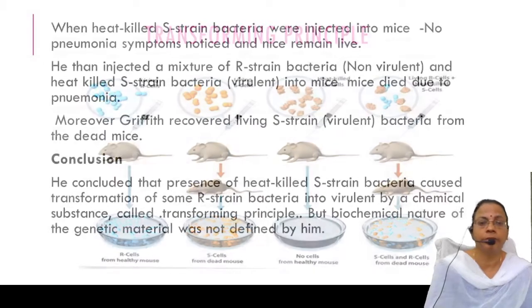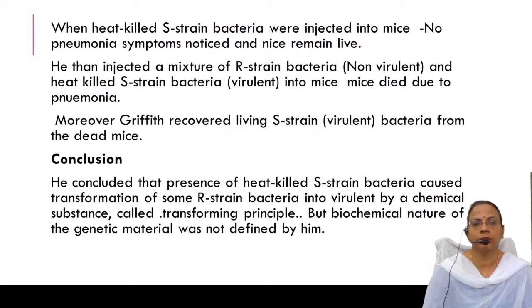He concluded from this that the presence of heat-killed S strain bacteria caused the transformation of some R strain bacteria into virulent ones by a chemical substance that he called the transforming principle.